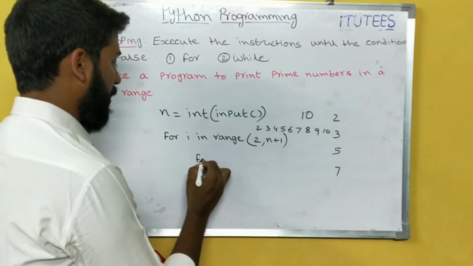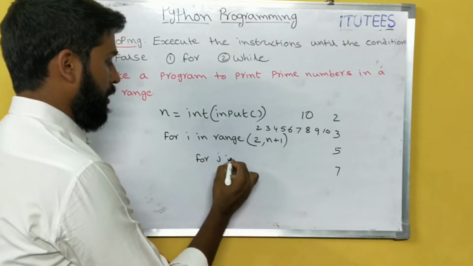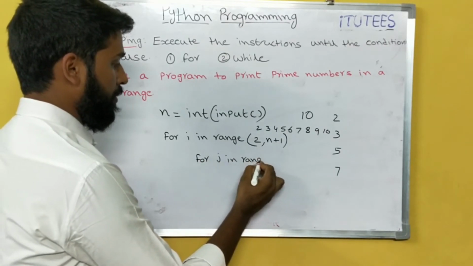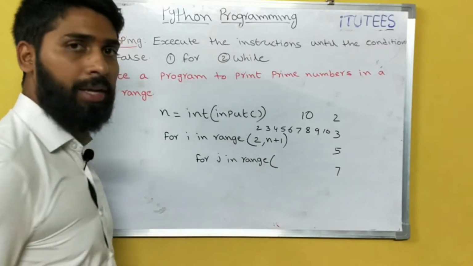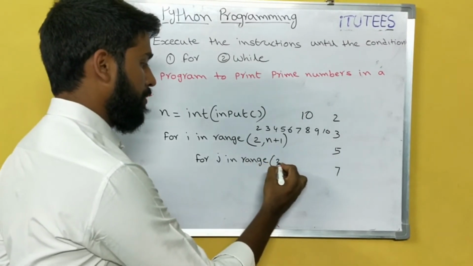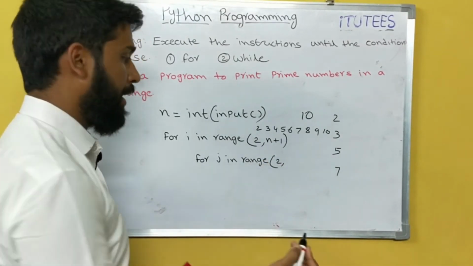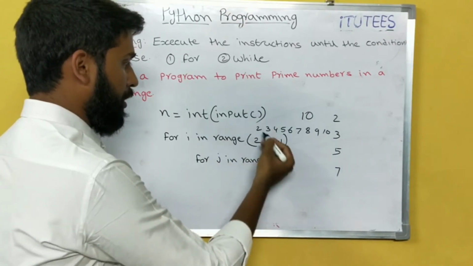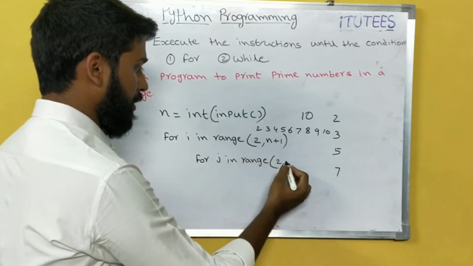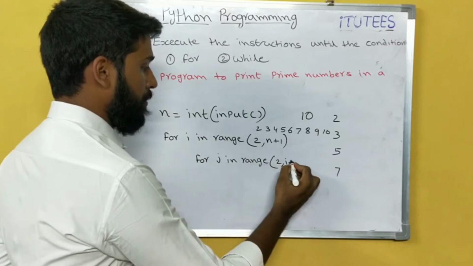Next, in another for loop, for j in range of, I can start from 2 and end with, every time I am checking 2, 3, 4, that means first I check i. So I can write i plus 1.